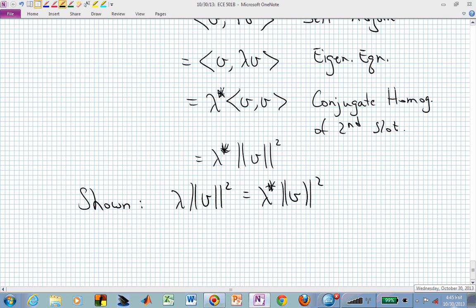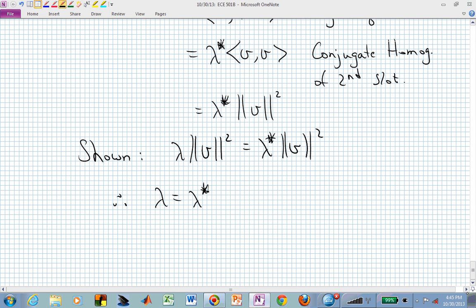But for a non-trivial vector v, we can say that the norm squared is not equal to 0, and it's positive. We can divide that out, and now we get lambda is equal to lambda star. And what's that say? Well, for a complex number to equal its complex conjugate, it has to be real. And that's what we were trying to show.